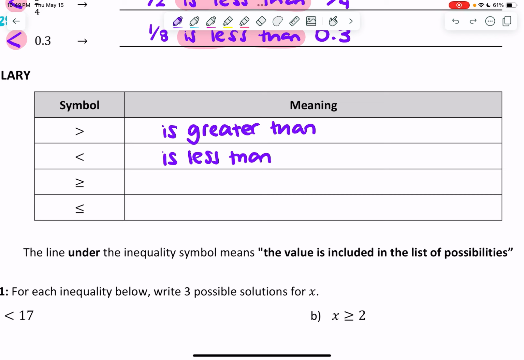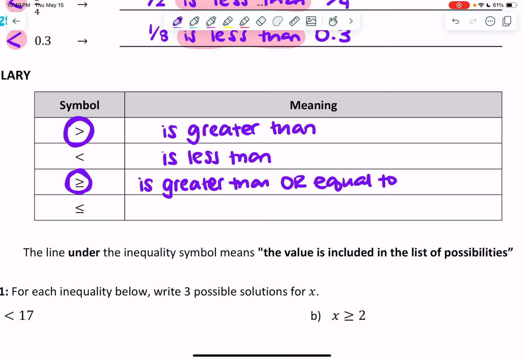You'll notice there is a similarity, so this one being is greater than, and this one having the same direction of that inequality symbol. So I would still say that this is greater than, but that horizontal line underneath implies that it is greater than or equal to.